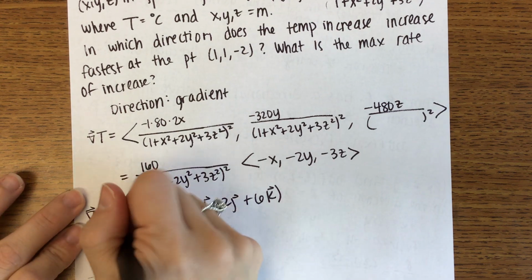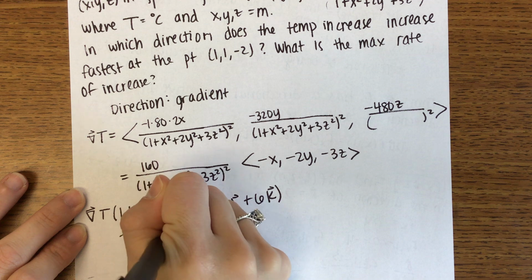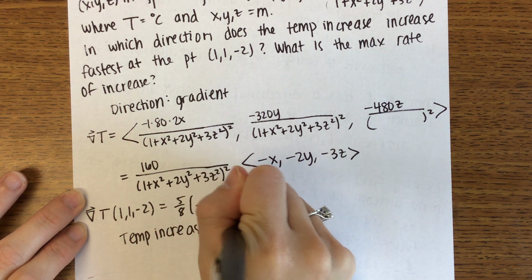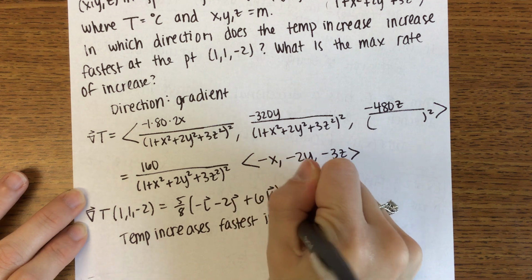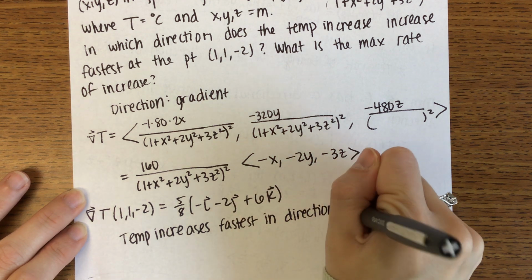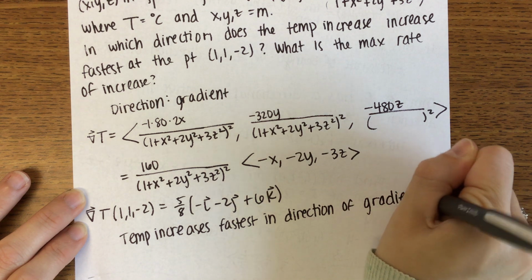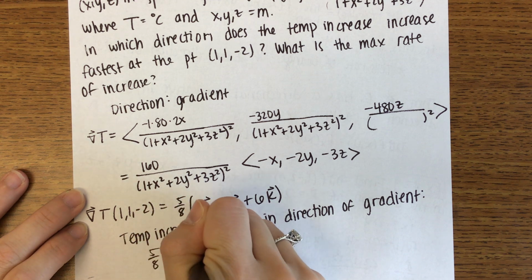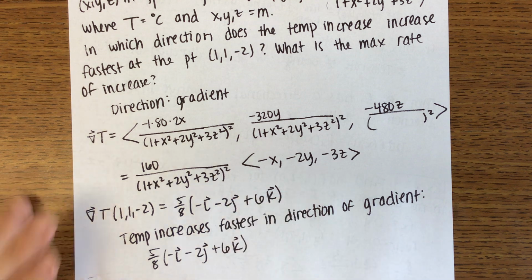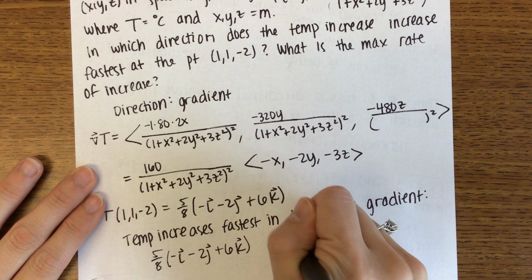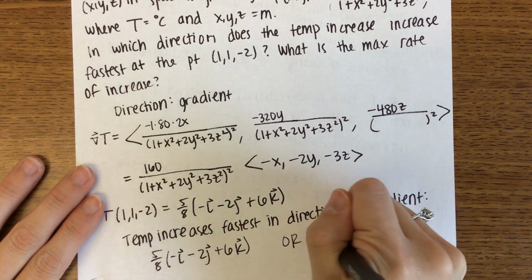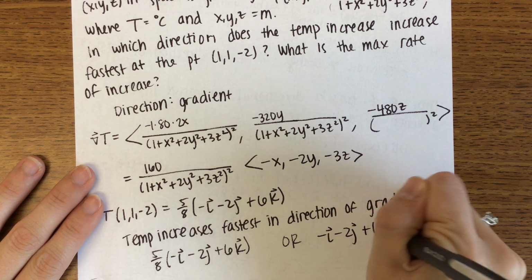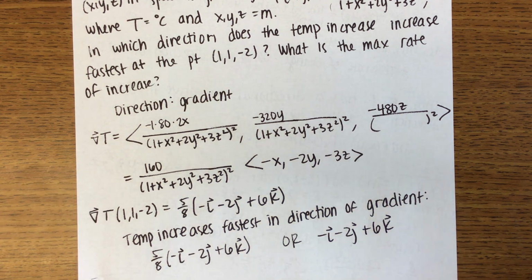So then the temperature increases the fastest in the direction of the gradient, which is that answer that we got above. So that's one way that you could see the answer. It's also possible to just get rid of that constant and leave your answer as -i subtract 2j plus 6k. This is no longer the gradient, but it has the same direction. It's just a different length.